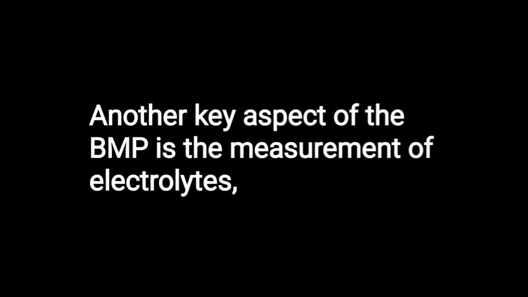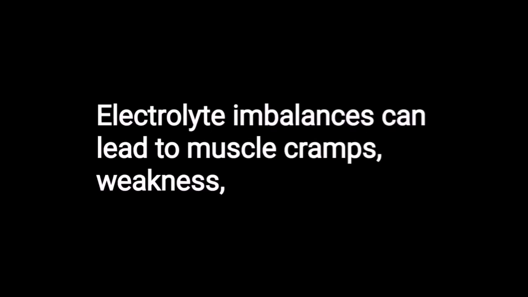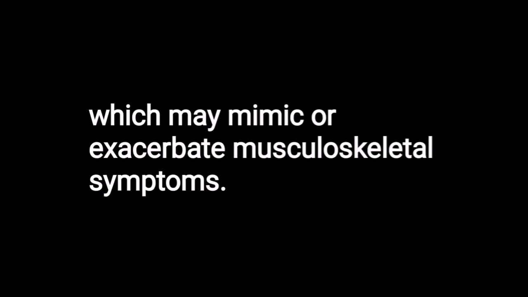Evaluating electrolyte imbalances. Another key aspect of the BMP is the measurement of electrolytes, which are vital for various physiological functions, including muscle contraction and nerve signaling. Electrolyte imbalances can lead to muscle cramps, weakness, and even spasms, which may mimic or exacerbate musculoskeletal symptoms.